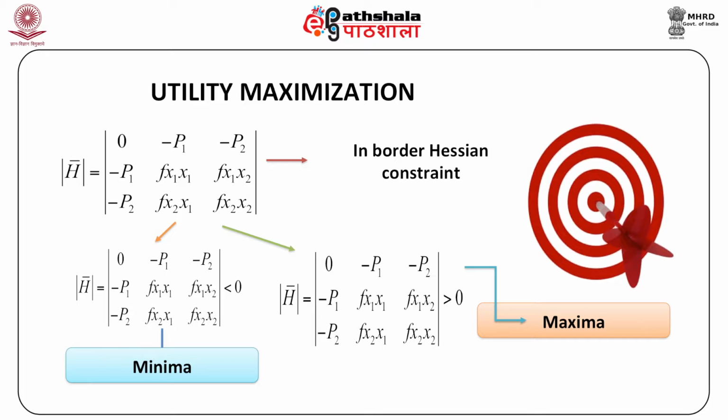If the bordered Hessian determinant is less than 0, then it represents minima. If the bordered Hessian determinant is greater than 0, then it represents maxima.